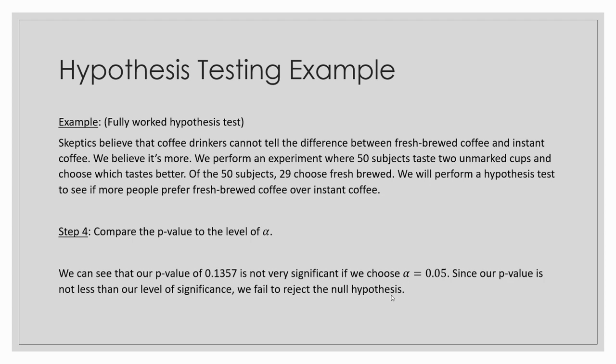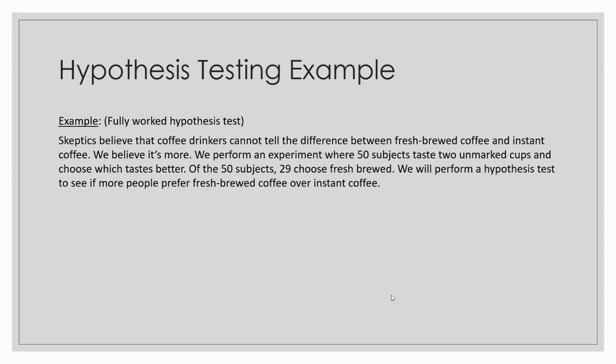In order for it to be significant, we would need it to be less than alpha. That's how we know if this sample is rare enough. This one isn't, unfortunately. So the decision here is to fail to reject the null. So once again, we needed the p-value to be less than alpha. We didn't get it here. It wasn't a good enough sample. So that's the decision, fail to reject the null.